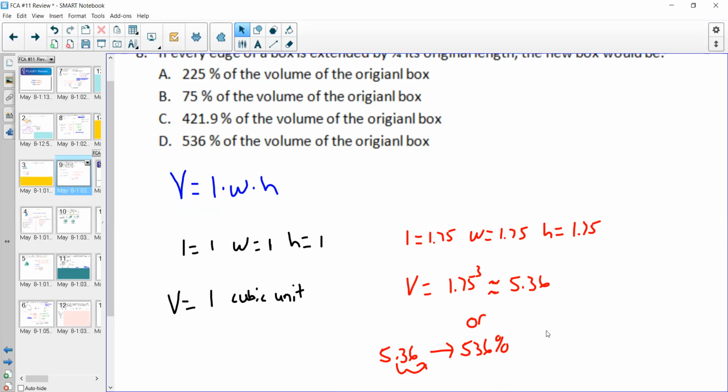Jonathan's asking about a previous problem: if you double the diameter, wouldn't that be quadrupling the radius? No, it wouldn't be. Let's see what problem that was.